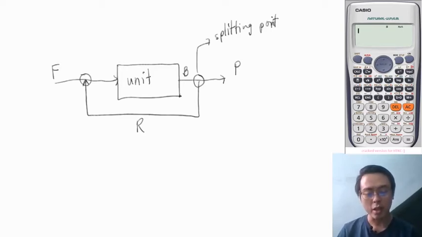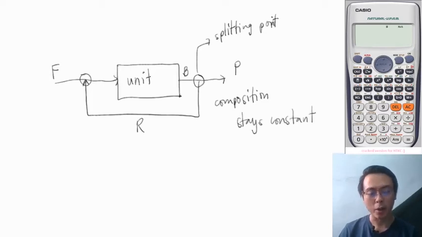Now, a key thing to remember about the splitting point is that whatever you do at the splitting point, the composition stays constant. Therefore, whenever you see a splitting point, all of the streams connected to it must have the same concentration or the same composition.